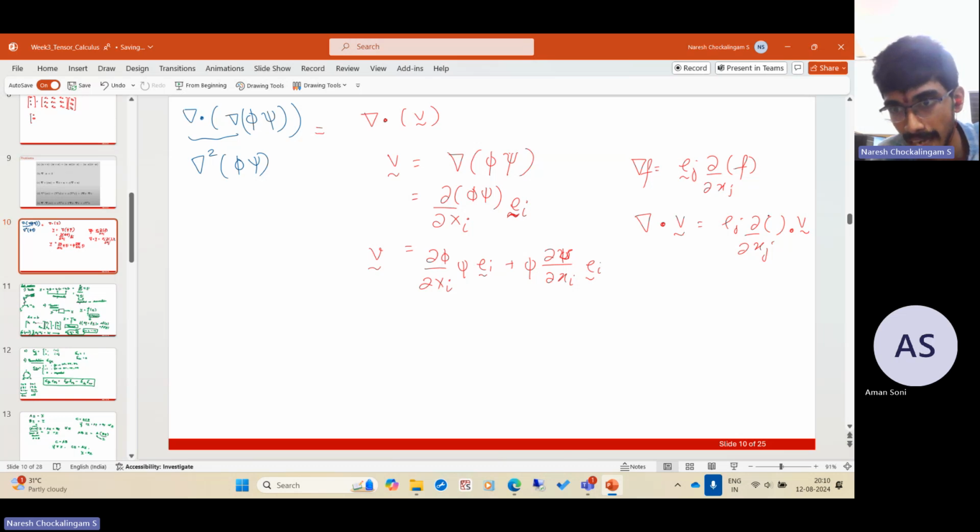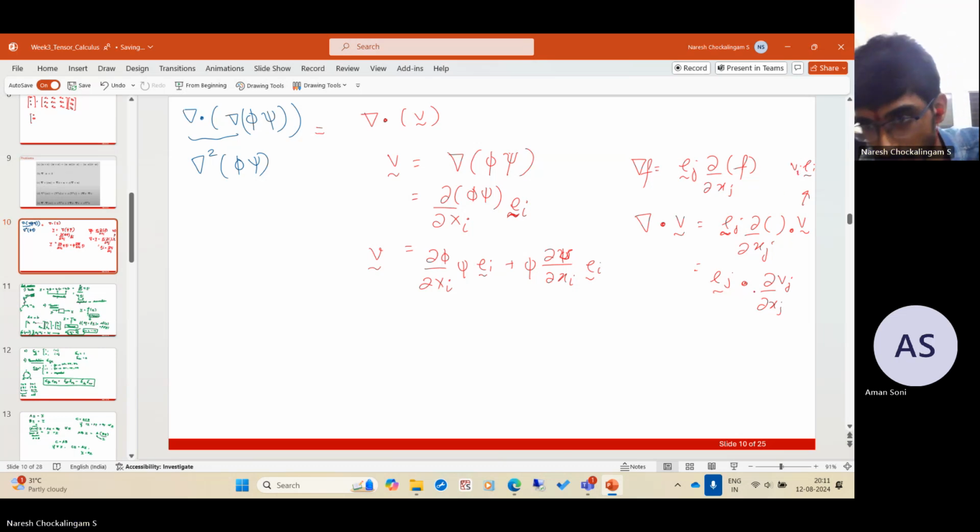So this is a scalar operator. The basis vector is ej. So this is nothing but ej dot product with partial xj of v, where v is nothing but vi ei. And ei dot ej is delta ij. So in place of i, you can replace j. Okay, let me not skip any steps.